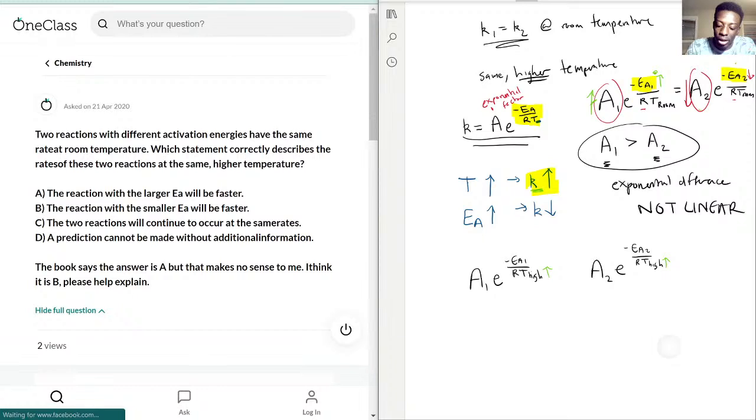For example, if you had 3 over 10 versus 1 over 10, okay, just as an example. But then you made it 3 over 100 versus 1 over 100. Still a huge difference, right? But this one went from 3 over 10 to 3 over 100, versus 1 over 10 to 1 over 100.